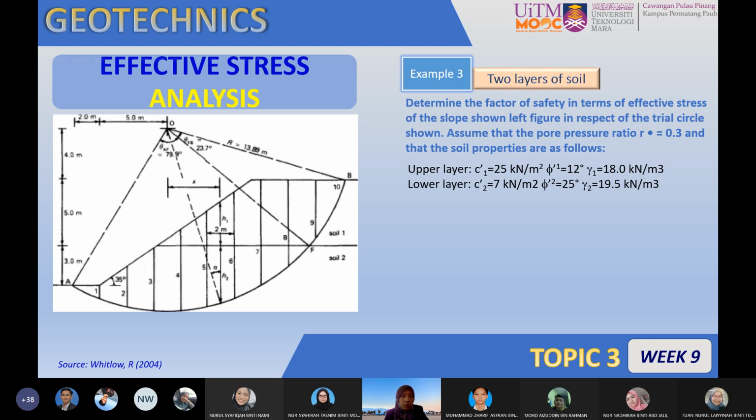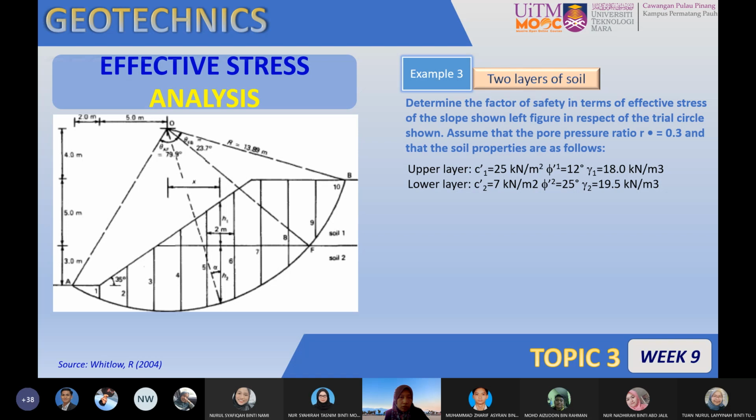Okay, the next one, example 3, where we have a stratified layer of soil. The problem shows different soil parameters for the upper layer soil A and also for soil B, and the sector angle of layer 1 and layer 2 will be different according to the slip circle.